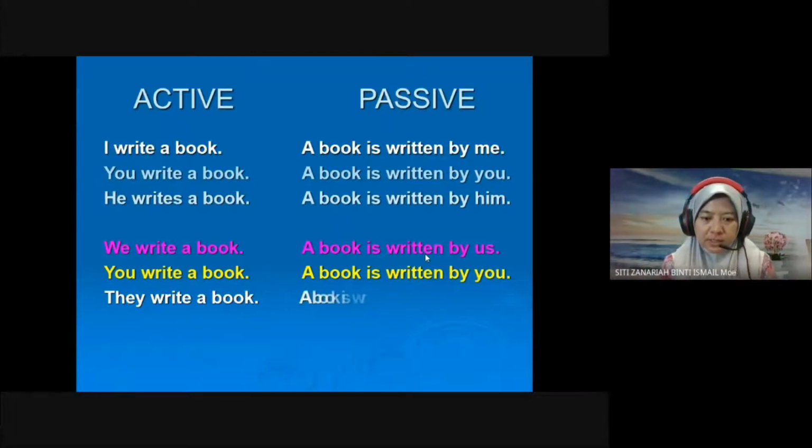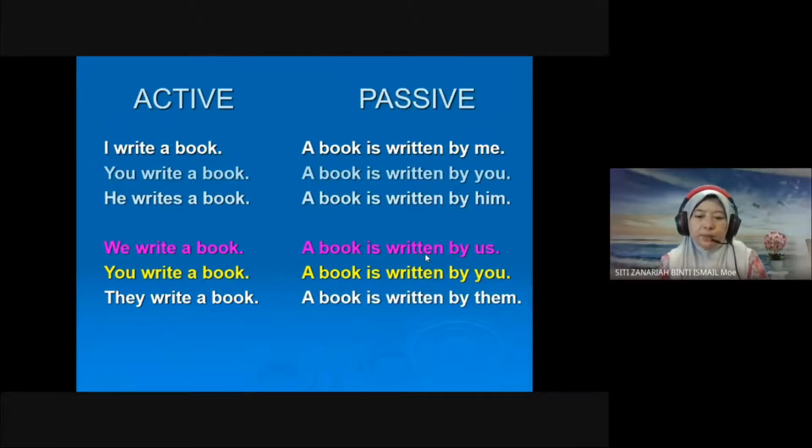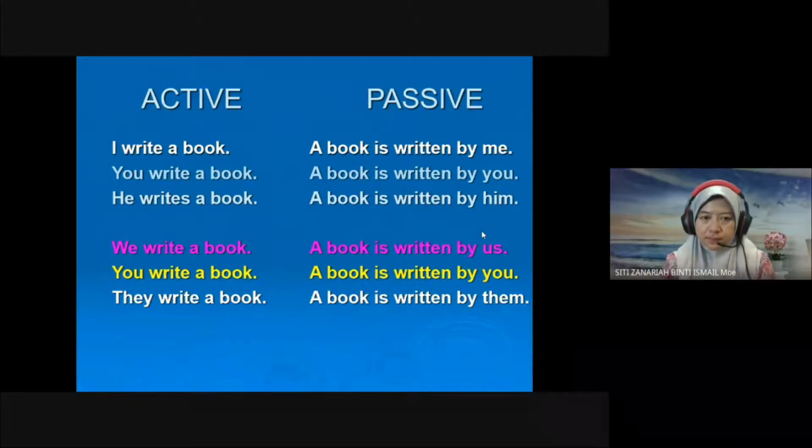And the last sentence, they write a book, a book is written by them, where the object will change to the front. It will move here while the verb changes to past participle and the subject is written at the end of the sentence.